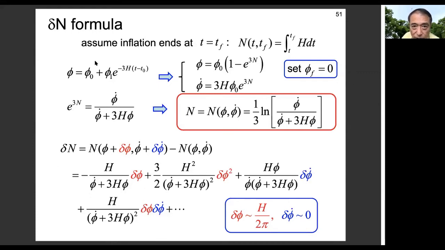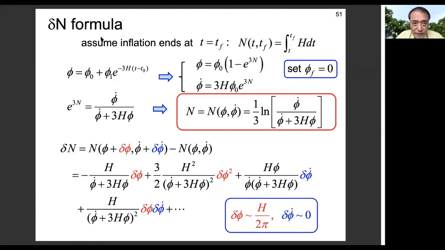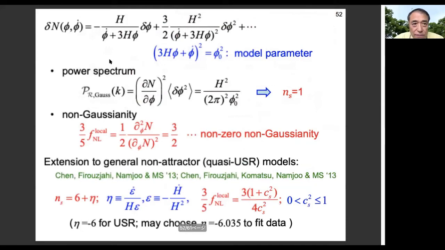So you end up with this expression. This delta phi dot will all become zero. And this is a very important point. And delta phi has the standard fluctuation of h over 2 pi. So in the end, you obtain this expression.